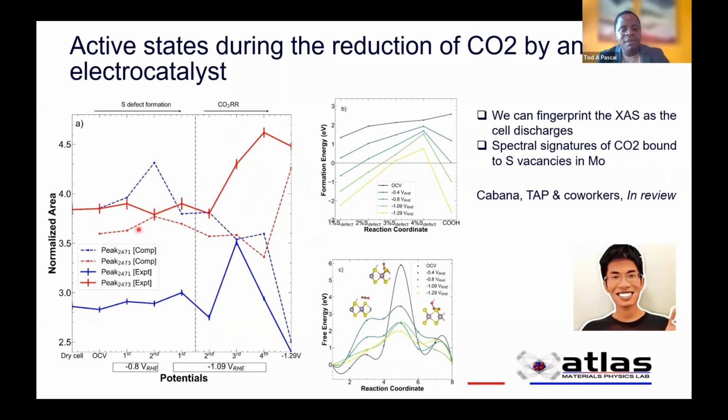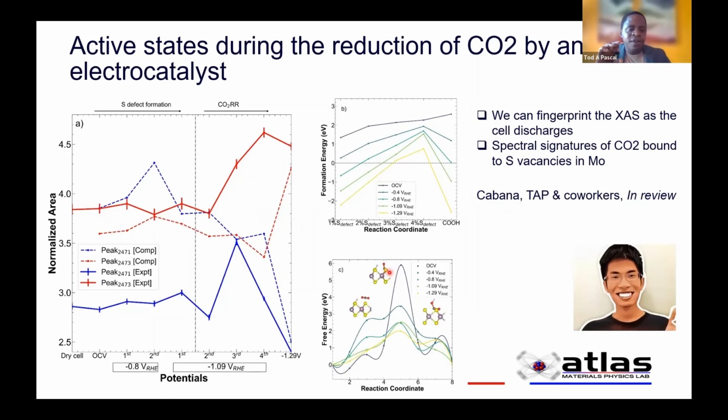And we get a very similar peak ratio computationally if and only if we assume that the mechanism results from generation of sulfur vacancies at low bias, and then electrochemical reduction of the CO2 that is bound to the sulfur vacancies at higher potentials.